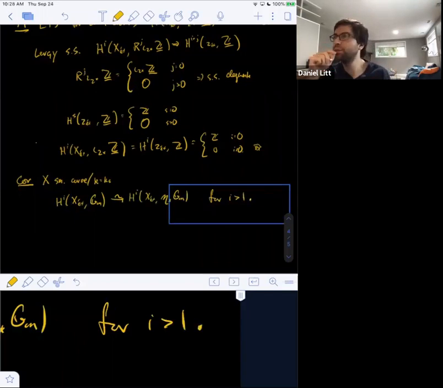Does everyone agree with this corollary, or does anyone have any questions about it? We need i bigger than 1 so that the groups on either side in this long exact sequence we wrote down just now actually vanish. Okay, are there any questions about that?